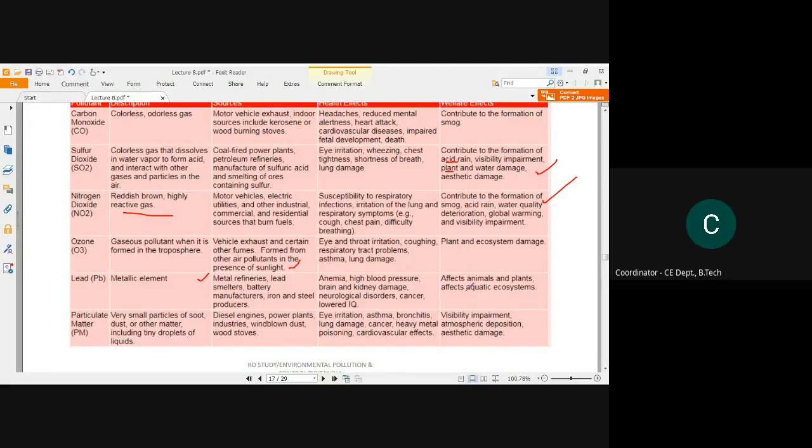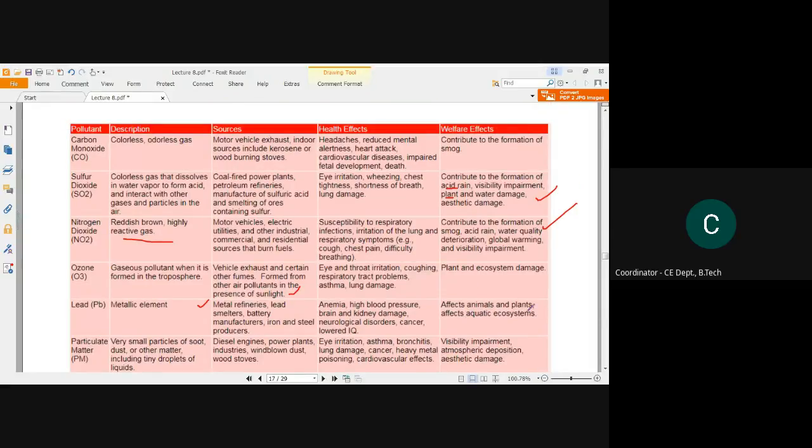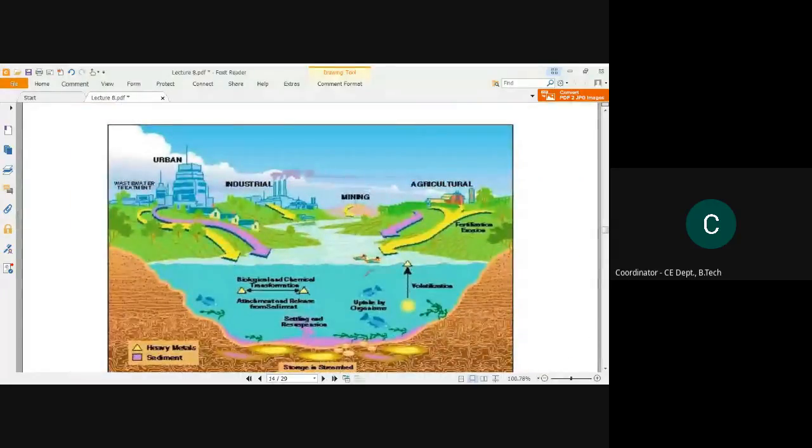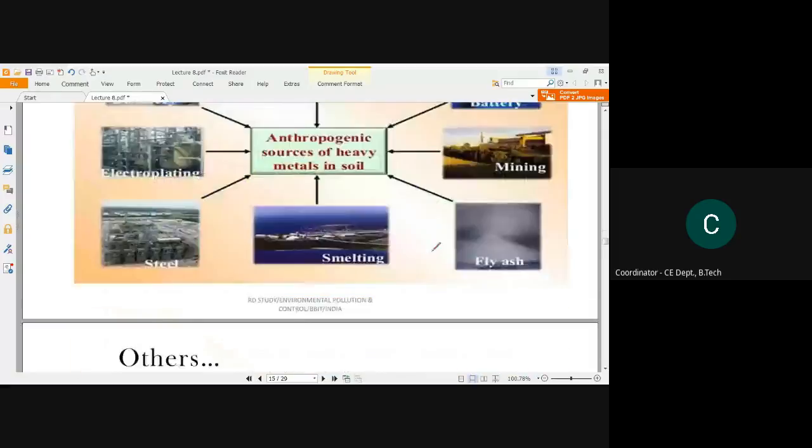The welfare effects are that it affects animals and plants and the aquatic ecosystem. As I have shown in this diagram, it damages the aquatic system due to exposure to heavy metals.